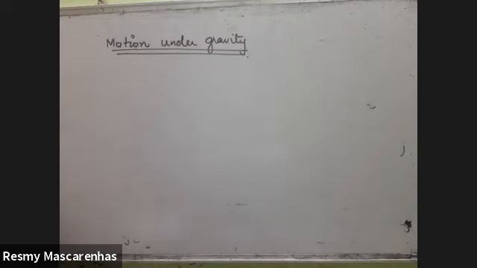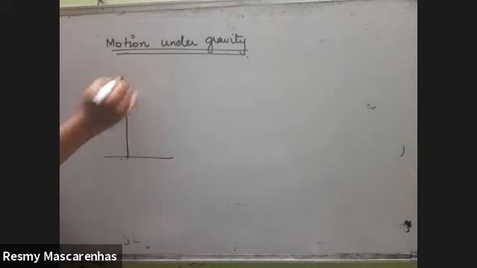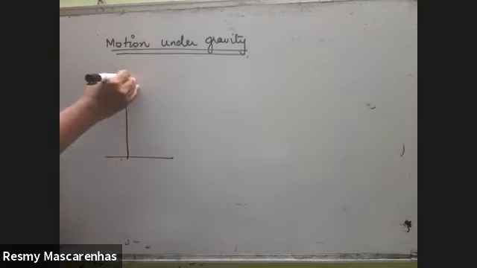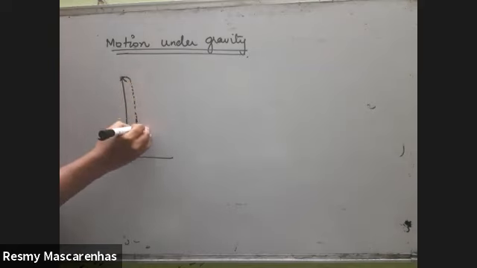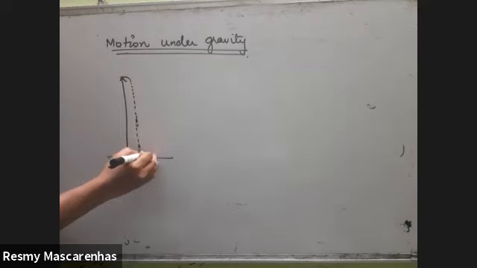It will reach some point. So suppose you are on the ground here and you throw a stone upwards. Obviously, at some point, based on how much force you are putting or how much speed you are throwing it at, after some point it will stop and then it will fall back to the ground.